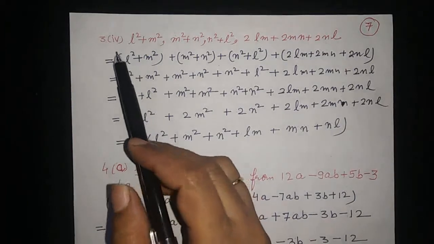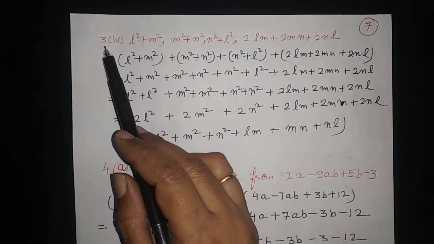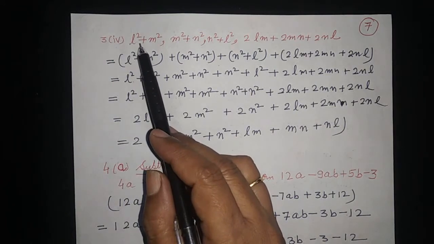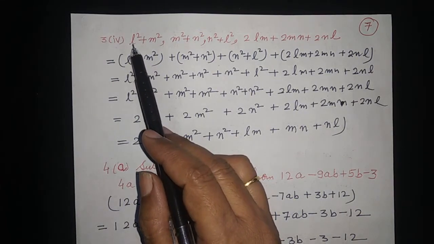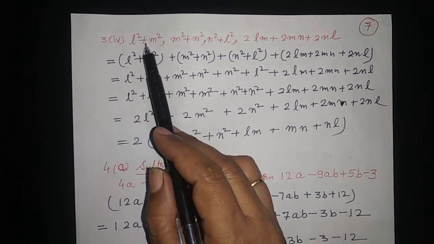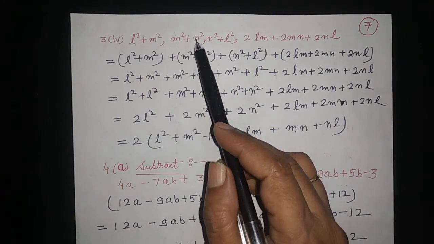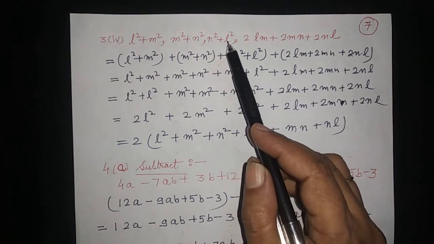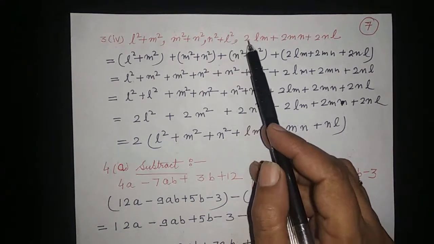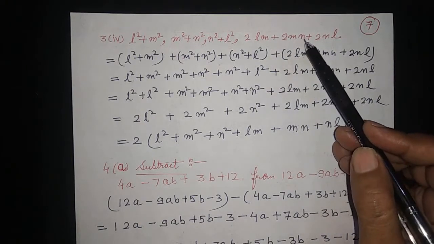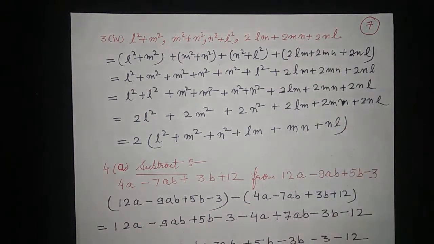Now children, see the fourth part of question number 3. The first expression is L square plus M square. The second expression is M square plus N square. The third expression is N square plus L square. And the last expression is 2LM plus 2MN plus 2NL.